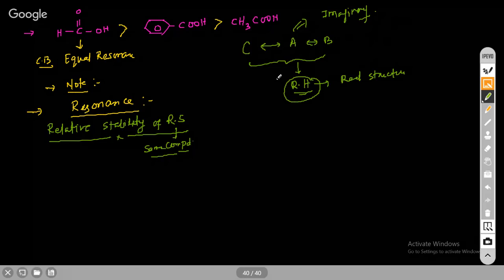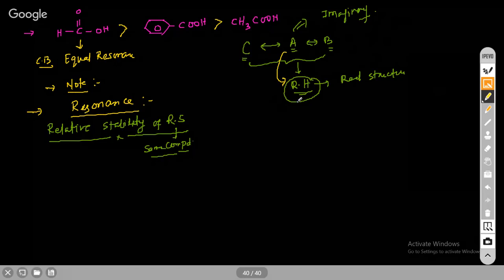So we know the resonance hybrid is the real structure, and resonating structures are the imaginary structures. These resonating structures have different stability also, and the most stable one will contribute maximum into the resonance hybrid, because all these resonating structures contribute into the properties of the resonance hybrid, right?